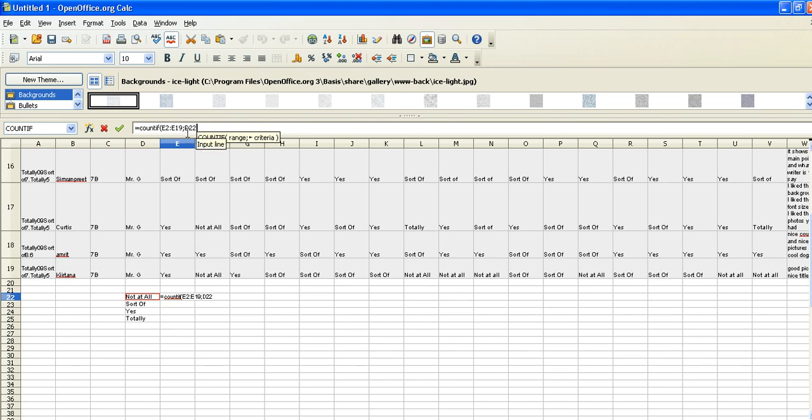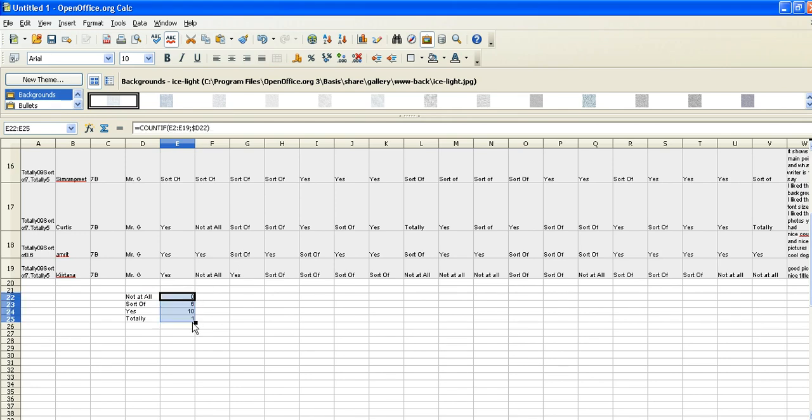Before I put in my close bracket, I need to put a $ in front of this D22 because I don't want that cell to change. Even when I move to the next column, I want to always refer to exactly D22. Close bracket. And there we are.